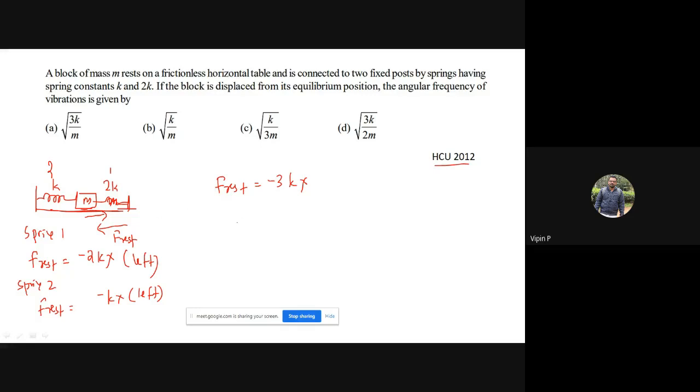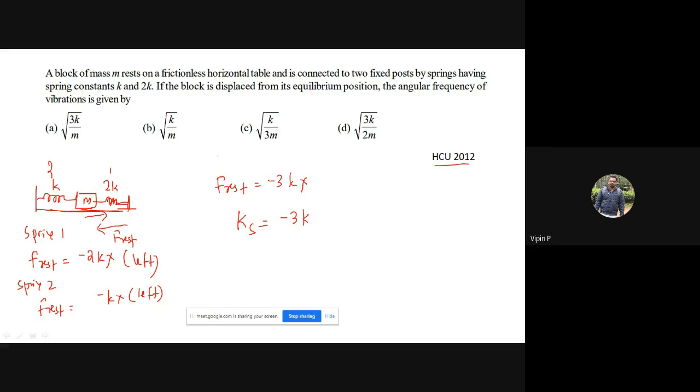Now, this tells me that the effective spring constant is minus 3k.